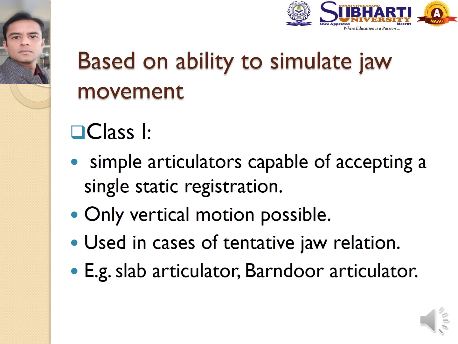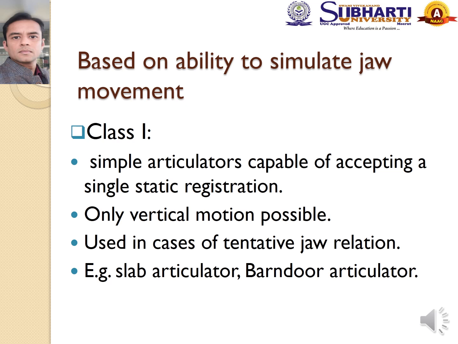Now, what is class 1? Like a hinge, that is a door attached to a wall. We have a hinge to which the door is attached. It is capable of having only a single motion, that is either opening or closing. If we invert it, it is upward and downward, that is vertical.